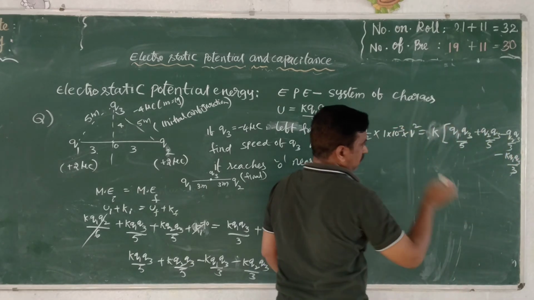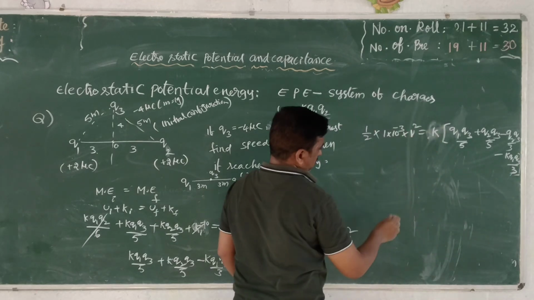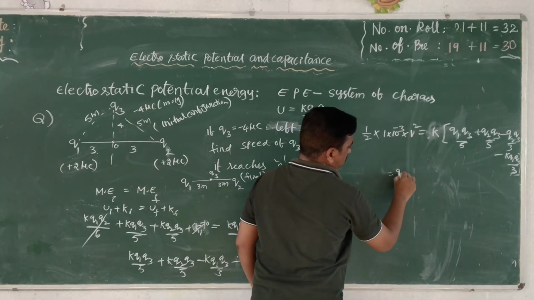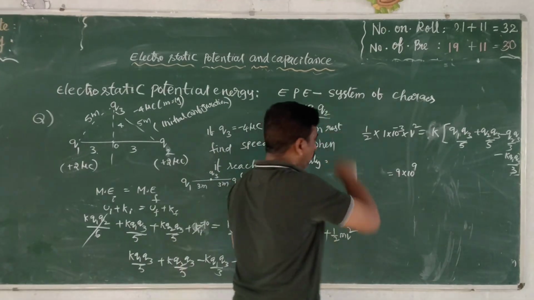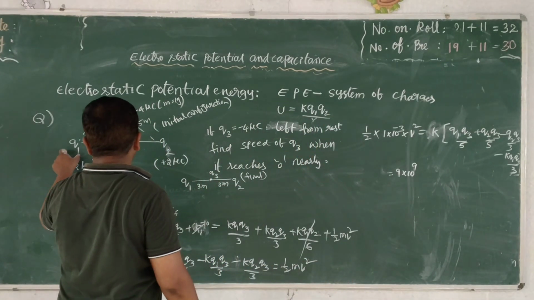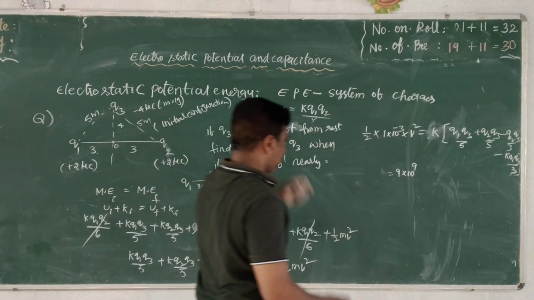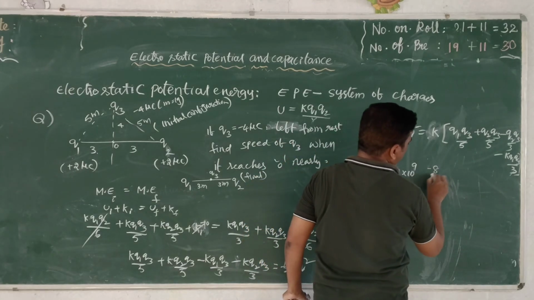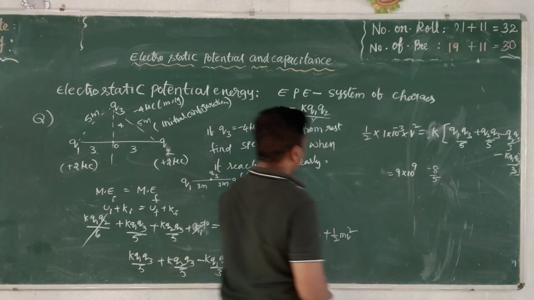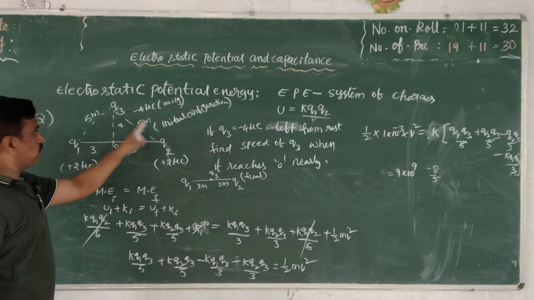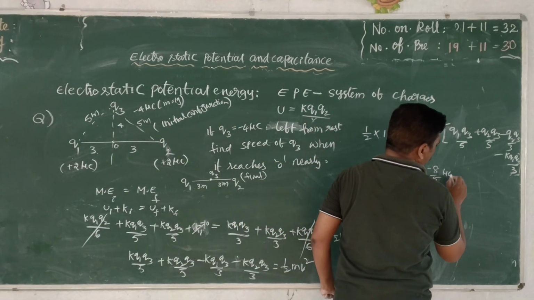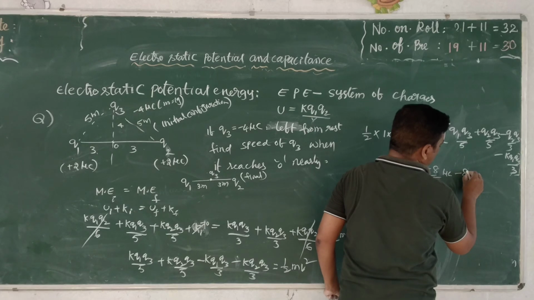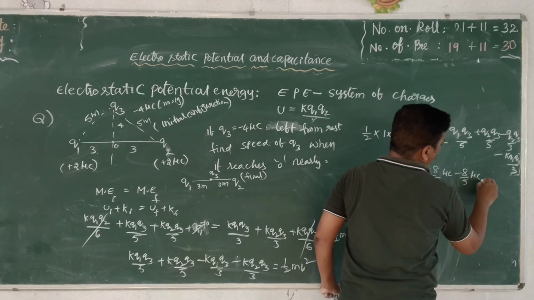See here we can write first: k means 9 into 10 power 9, we know that value. Q1 is plus 2, q3 is minus 4, so minus 8 by 5. Next q2, 2 plus 2 minus 4, means minus 8 by 5 microcoulombs.